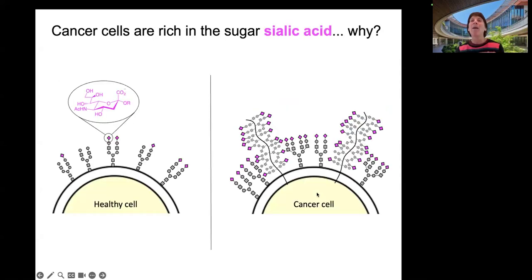So this is where I'll come back to this long-standing observation that one of the big differences between tumor cells and healthy cells is this tropical jungle of sialic acids, this difference in the sugar coating. And most of the people in the cancer immunology field don't really think about sugar biology.